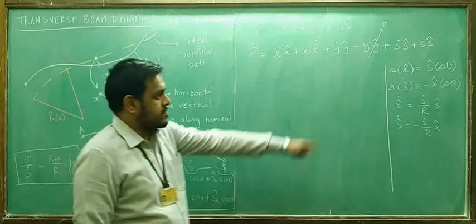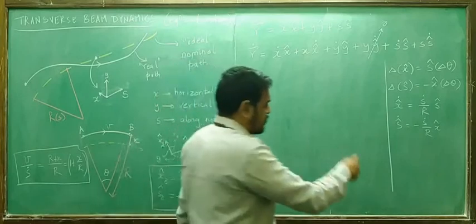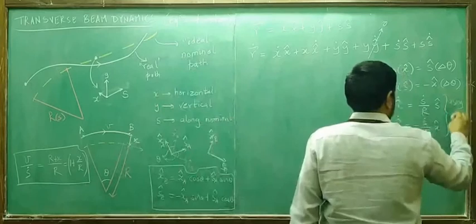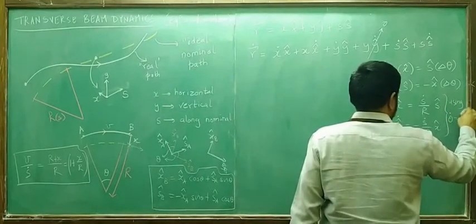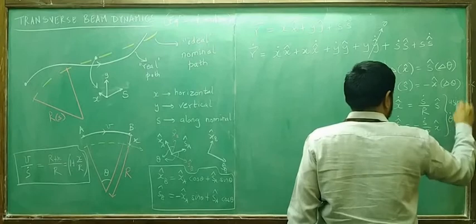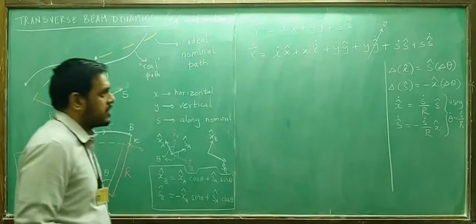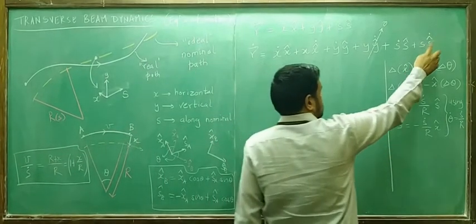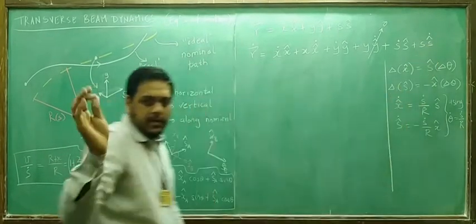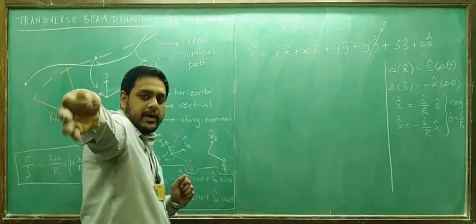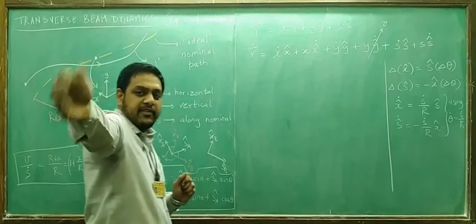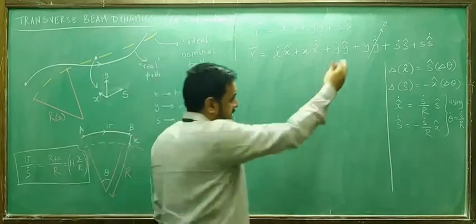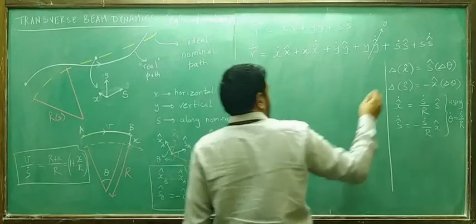So with this kind of picture, just for your reference, we have used theta dot is s dot by R, just to complete the narrative on the board. If we put this term equal to 0, namely we say that the particle has aligned with its counterpart on the nominal trajectory, or its reference point on the nominal trajectory is in the same horizontal plane, then you can say that s is equal to 0.